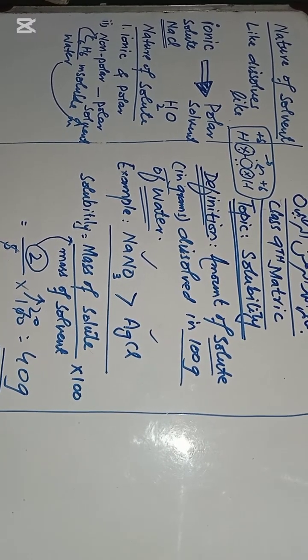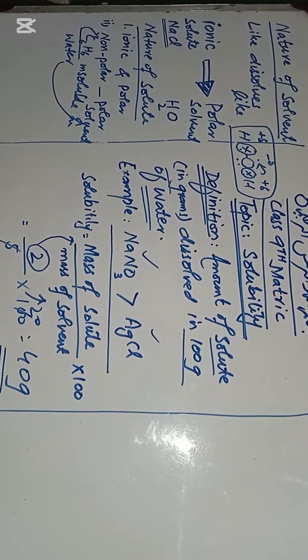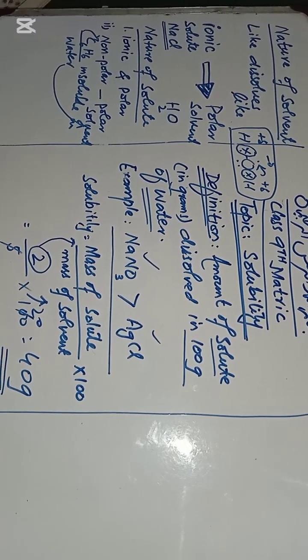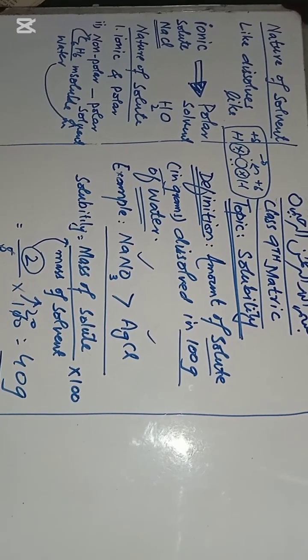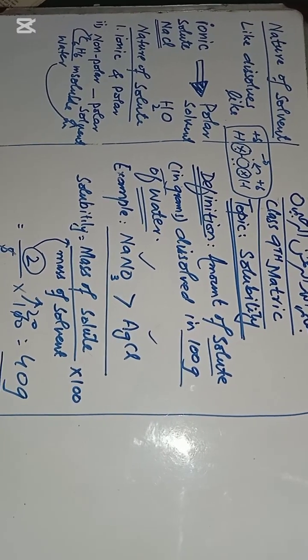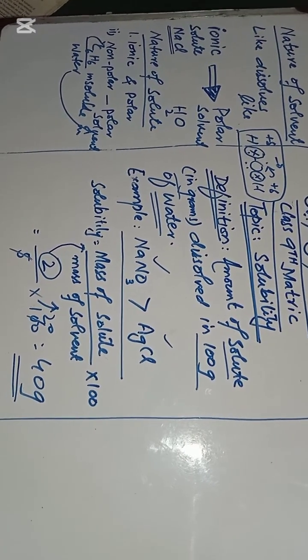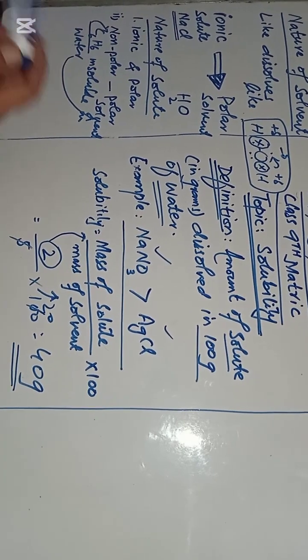They are soluble in water. The reason is that like dissolves like. Clear? Similarly, non-polar covalent molecules are insoluble in polar solvents. Non-polar covalent molecules are insoluble in water, such as benzene, as I told you.